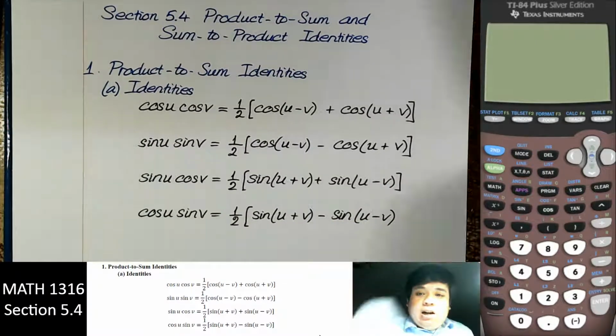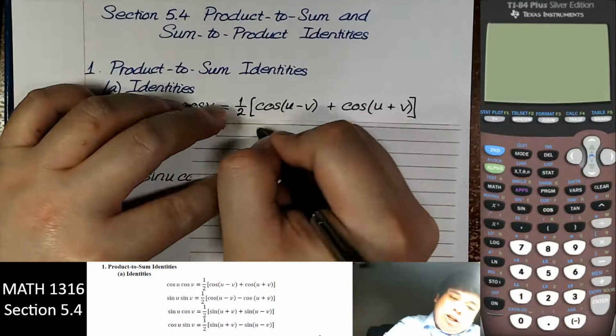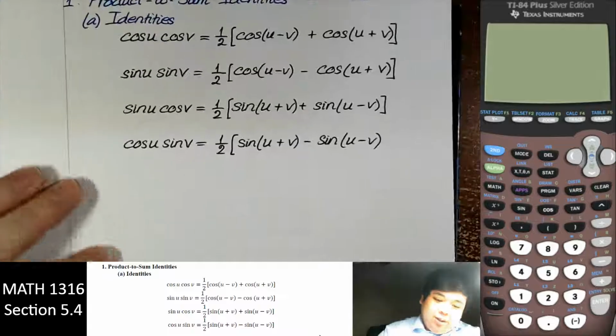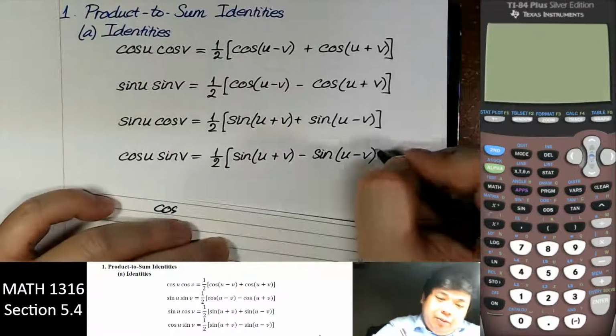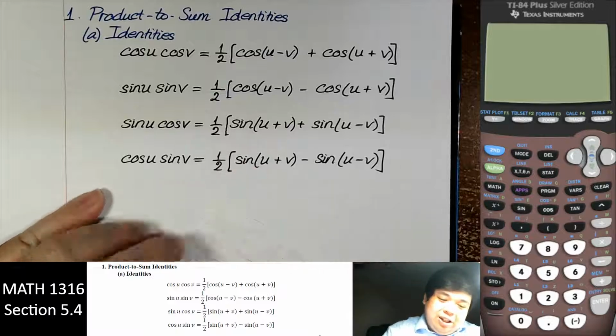Once again, the proof is very simple. If you start with cosine of u minus v, sorry, should not cover that. Let's try to prove this one.